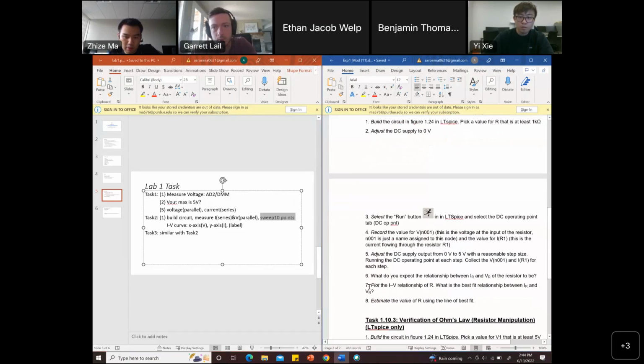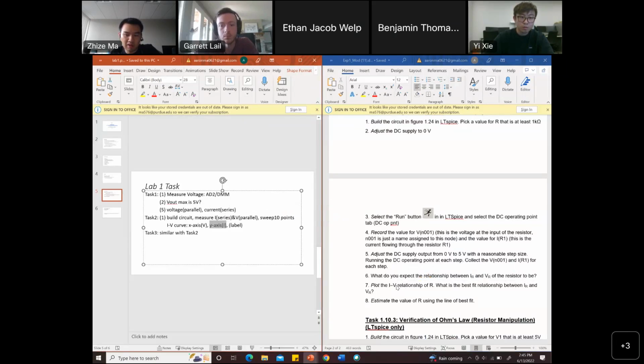And also step number 7, they need to plot the IV relationship. So basically it's an IV curve. They are going to get a very linear, straight line. That's where they can verify Ohm's law. But one thing they need to pay attention to is the IV curve. Usually we put voltage on the x-axis and current on the y-axis.